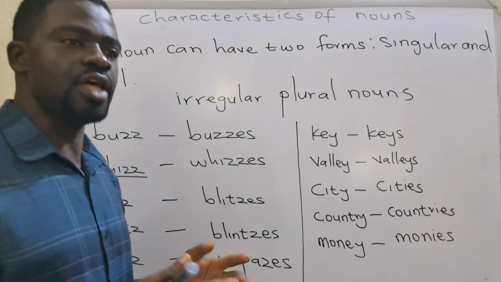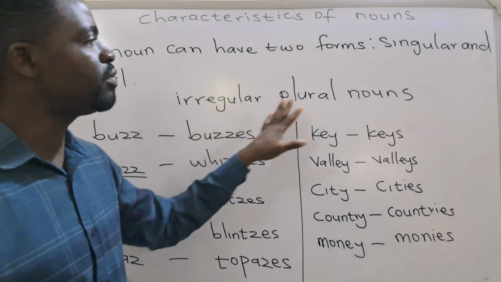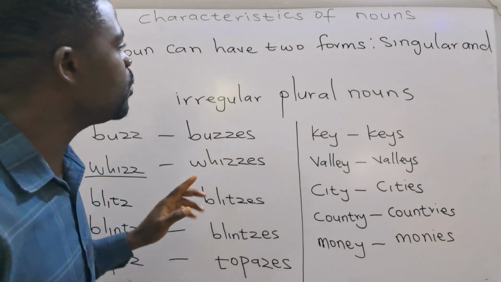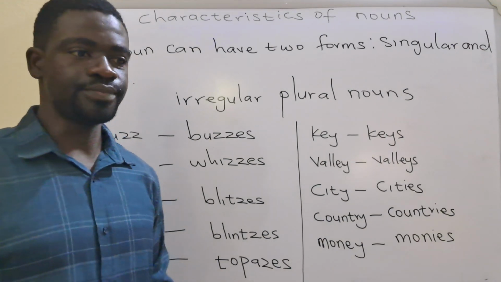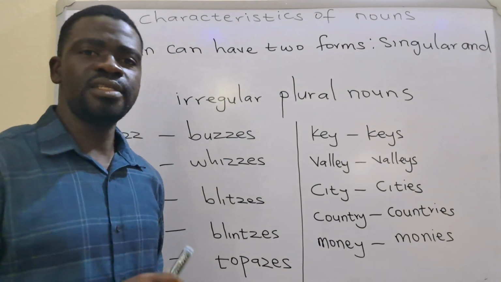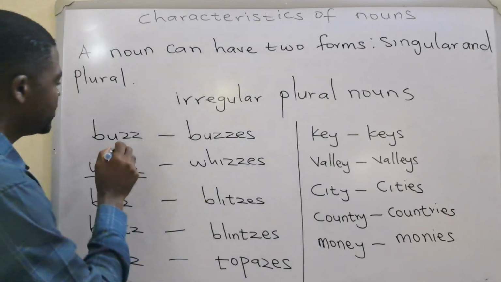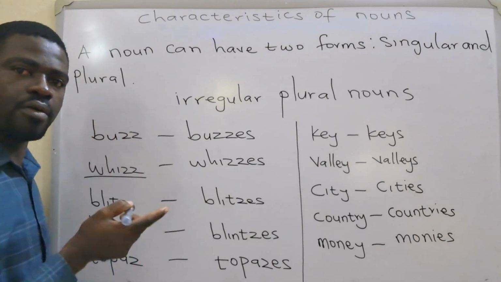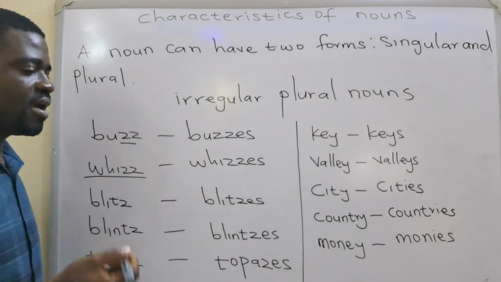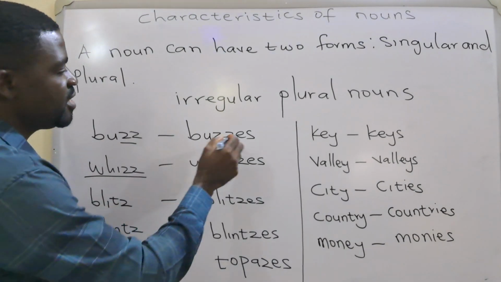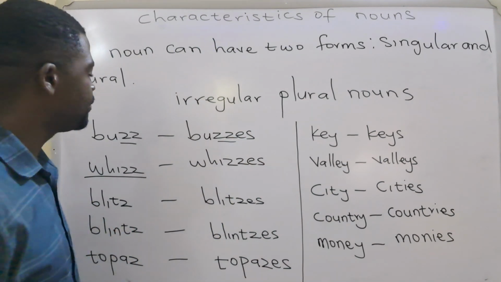However, there are some nouns that don't have an established pattern, and you can call those irregular plural nouns. But before we look at the irregular plural nouns, I want to make a quick clarification. In the last class, I taught you that if your noun ends with Z, and you want to make a plural of that noun, you simply add another Z to it plus es to form the plural form.